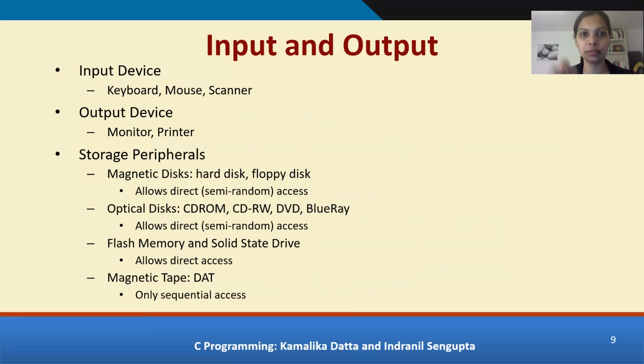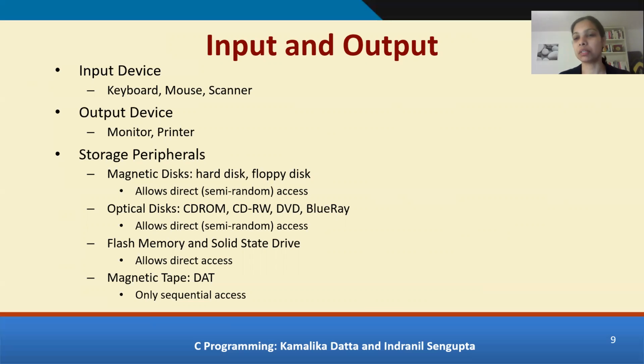Let's move on. Now, input-output devices: you know most of them, and there are storage devices as well. The most common input devices are your keyboard, mouse, scanner, etc. And output devices are your monitor, printer. Currently, the hard disk present in most computers is an SSD, solid state drive.